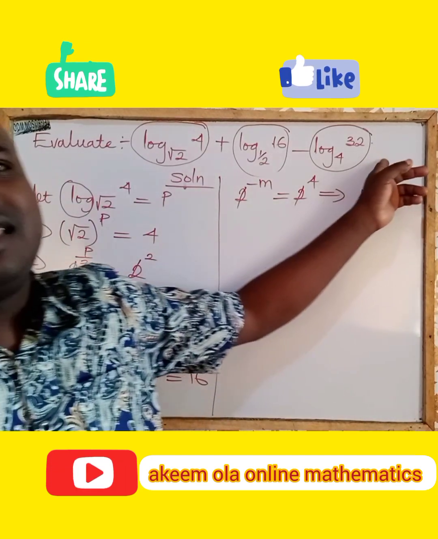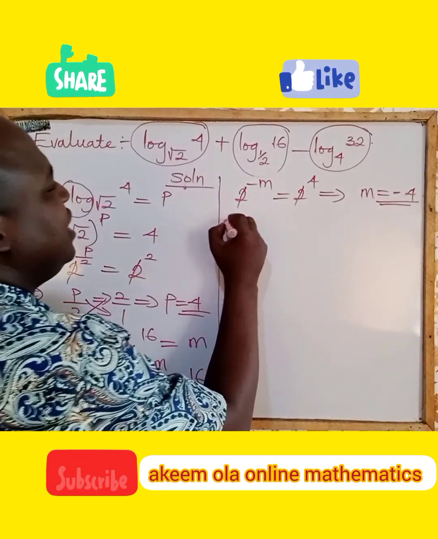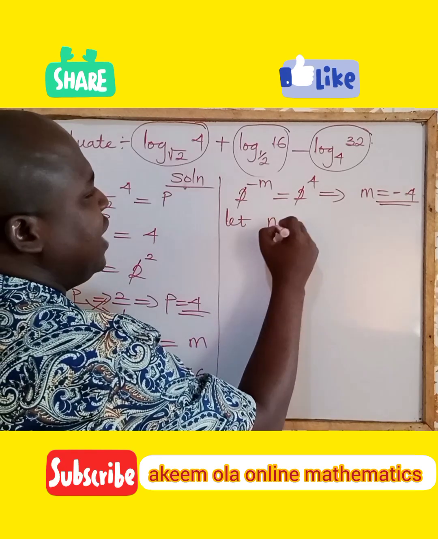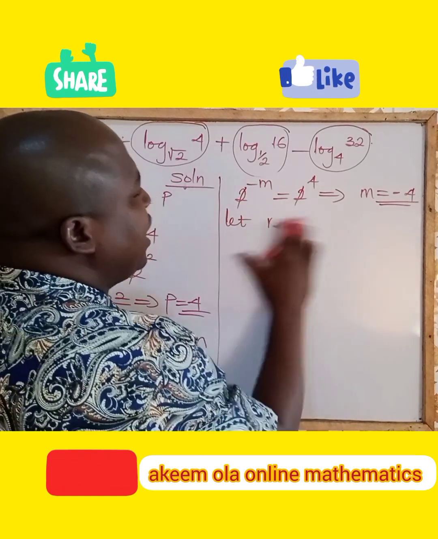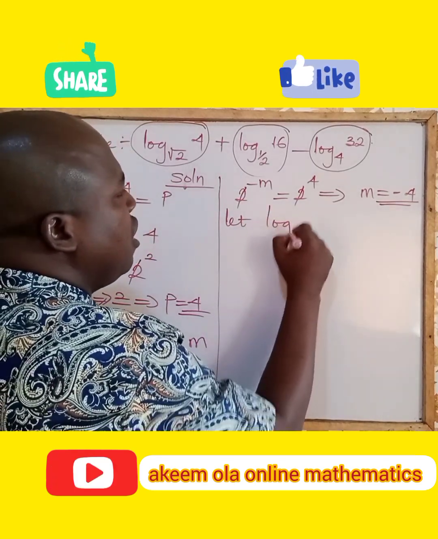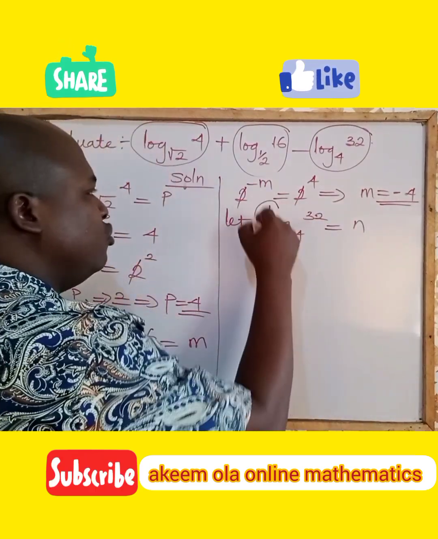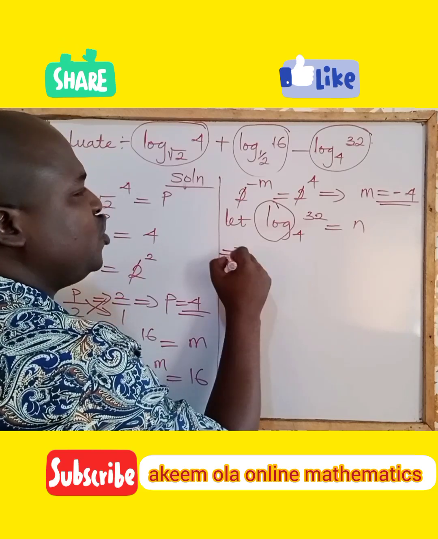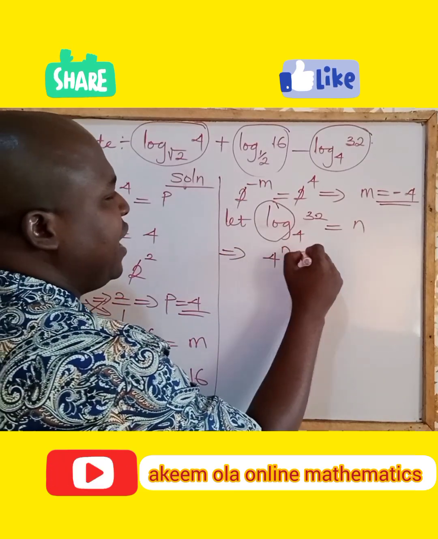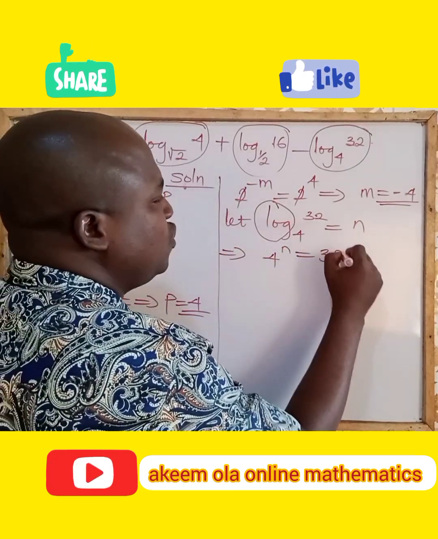Then I'm going to consider the last one too. I can write, let log 4 of 32 be equal to n. Remove this log sign. When you remove it, you have 4 raised to power n is equal to 32.